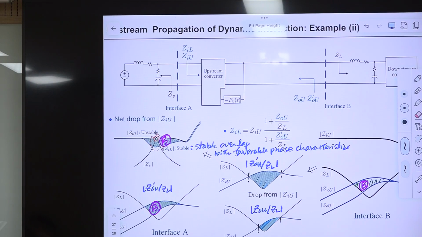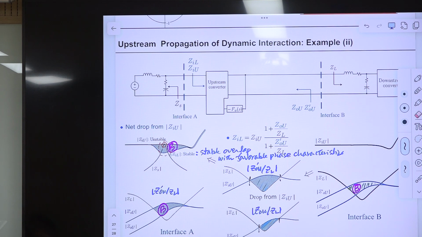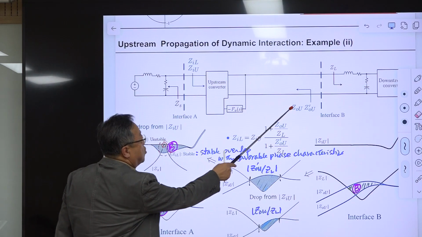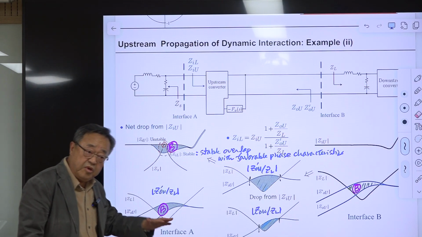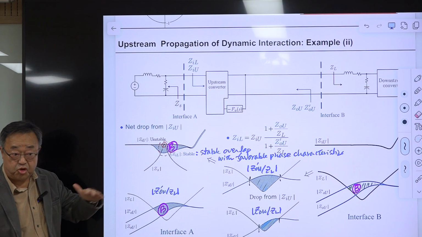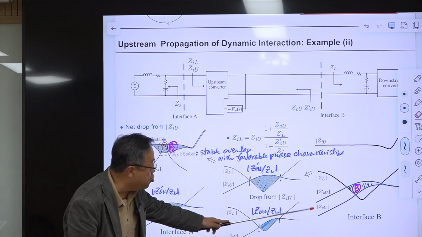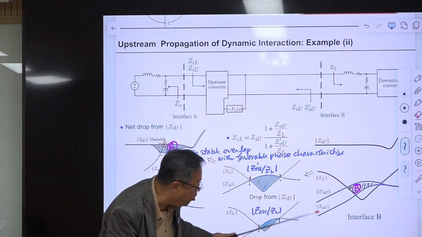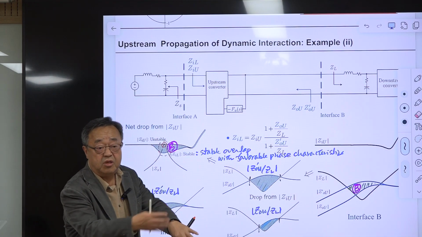All right, another example. This is the upstream converter, but for this case, the relative magnitude of GOU and GOU prime has been changed. Previously, GOU was this one, and GOU prime was below this, but this is changed.